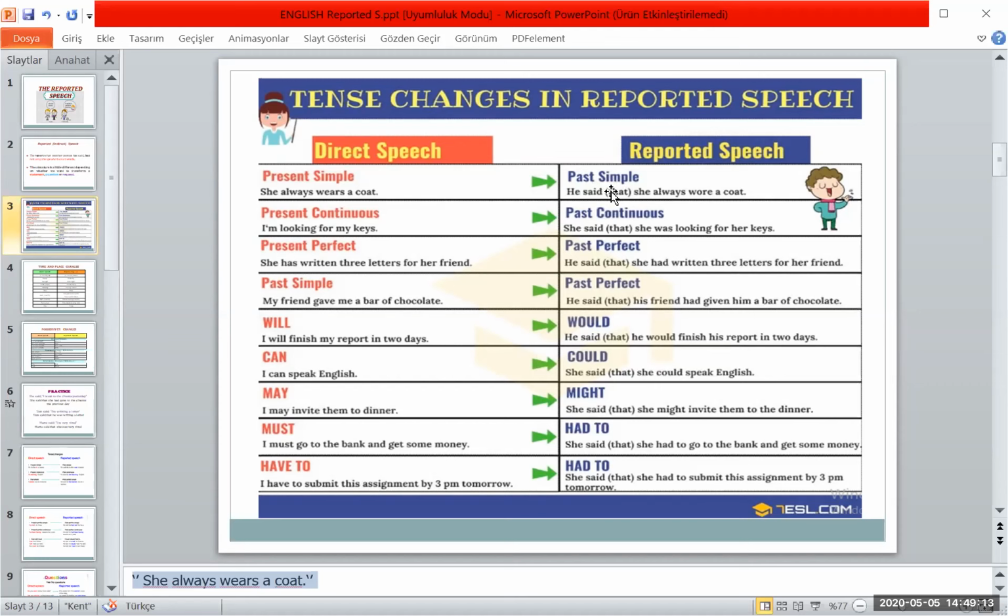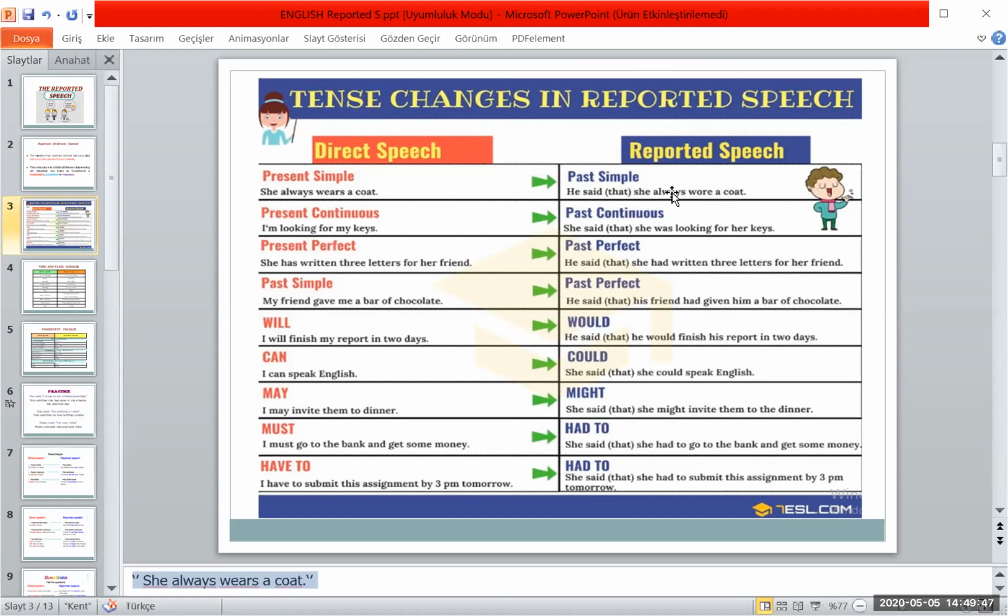Whether you use it or not, no problem. Because we're talking about she, we didn't change the subject pronoun. The only thing we changed is "wears" into "wore", because if the sentence in direct speech is in present simple, in reported speech it must be changed into past simple.